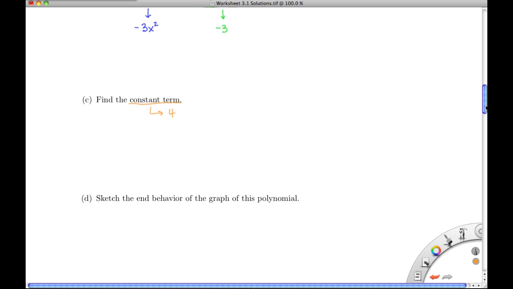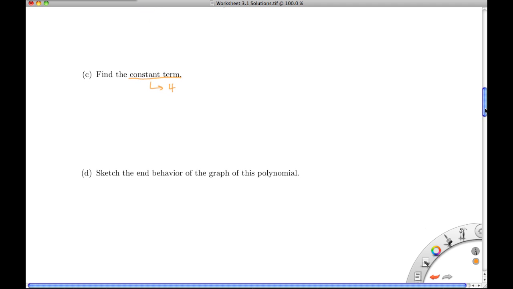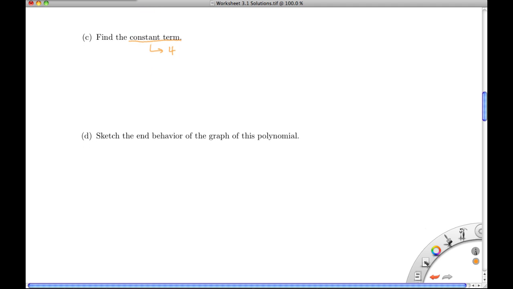Okay, so now we want to go ahead and sketch the end behavior for this polynomial. So again, we're going to turn our attention to the dominant term. So our lead term was minus 3x squared. So let's see.